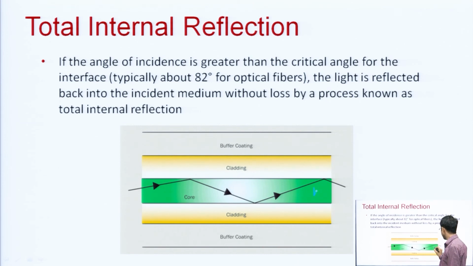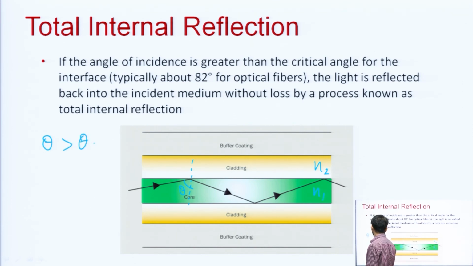So, this is refractive index N1, this is refractive index N2. This is the normal drawn on this surface. The light ray is coming on this interface at an angle that is greater than the critical angle. This angle, let us say theta, is greater than the critical angle.